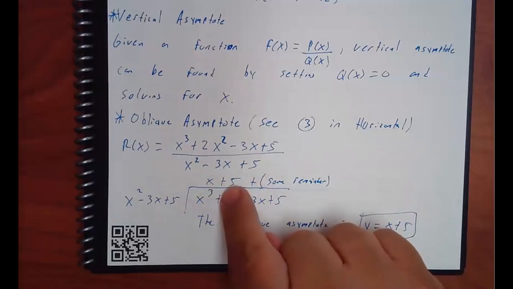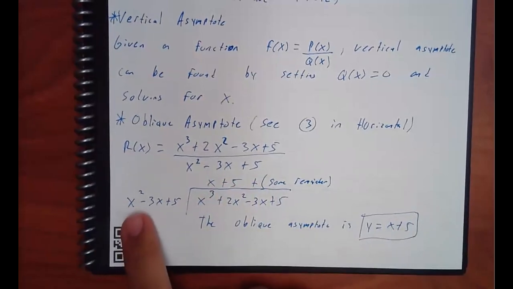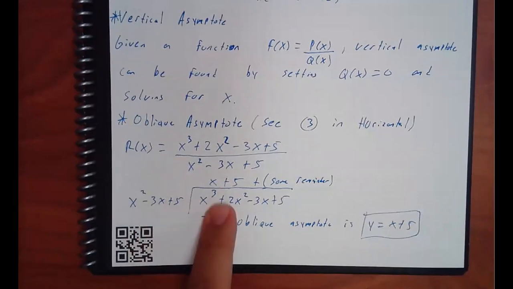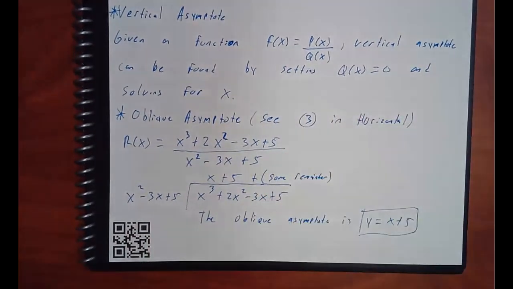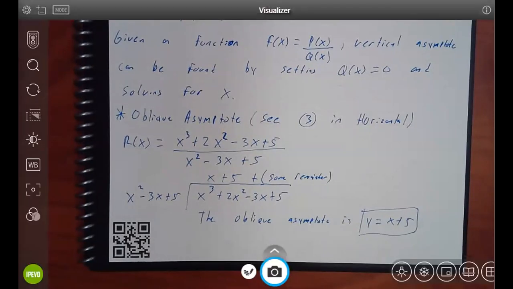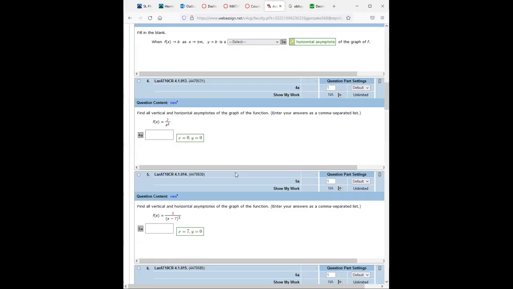Like if this was a linear divisor and this was a cubic, you'd have to do it twice until you get that final result, something linear. But we'll try it out in a second. It'd be nice to avoid long division, but we may not be able to. We'll find out in a sec.